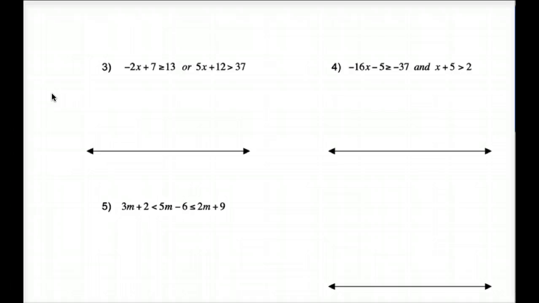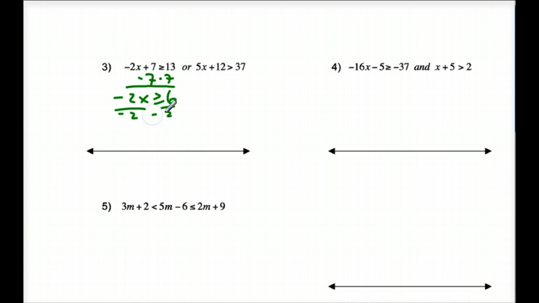What if we had an and that went like this? Not possible. This would be a no solution. What about this? An or that goes like this would be all real numbers.